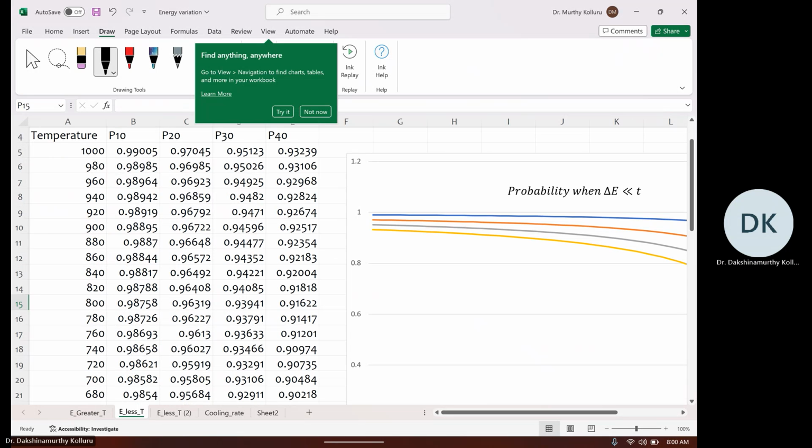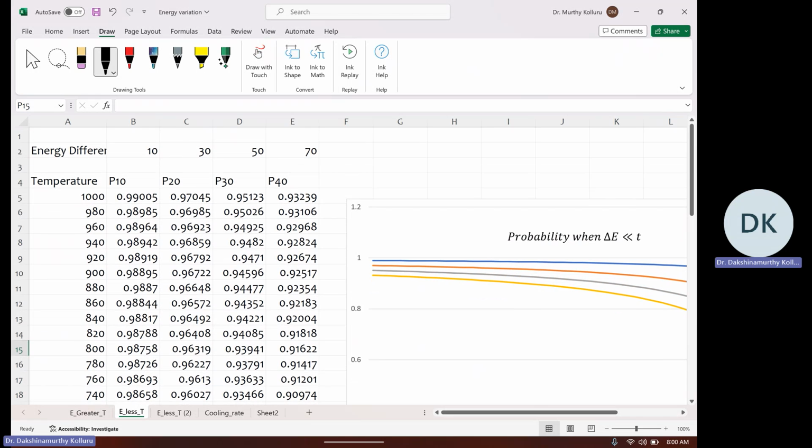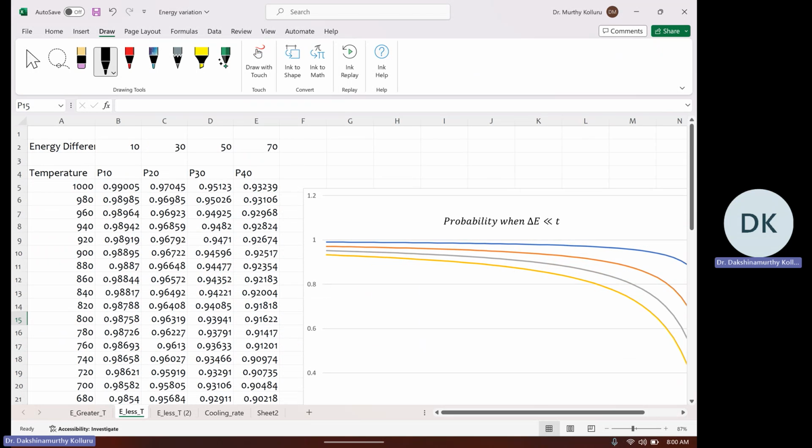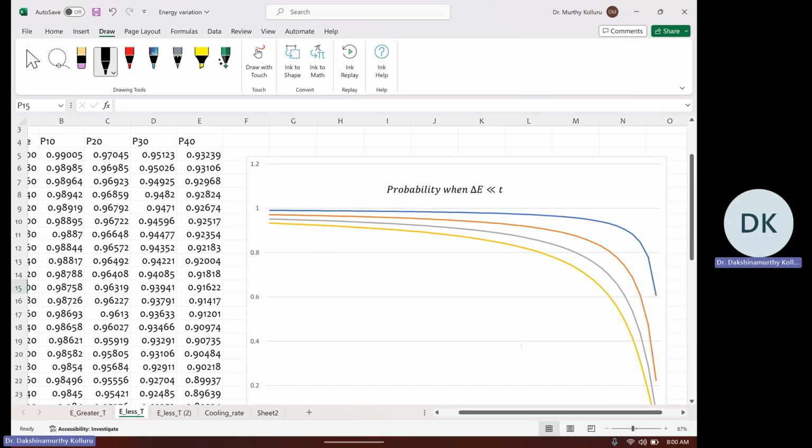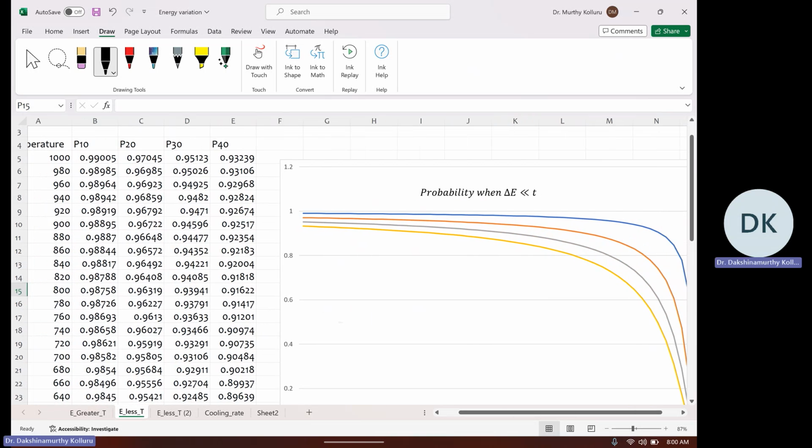Now I plotted this curve, bringing in a small difference, where my energy difference is on the order of the end temperature. Initially, there's a huge difference between the temperature and my energy difference. My temperatures are 1980 like that initially, and I started with differences in the objective function of 10, 30, 50, 70. The shape of the curve is very different from the previous one, though certain behaviors are maintained.